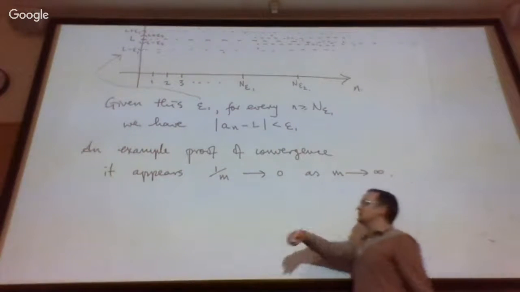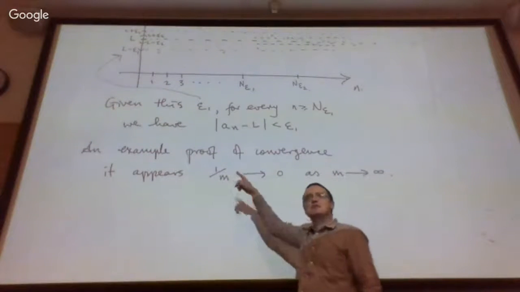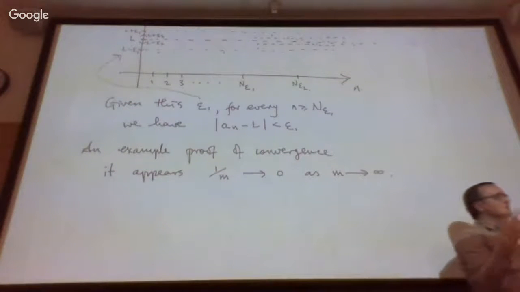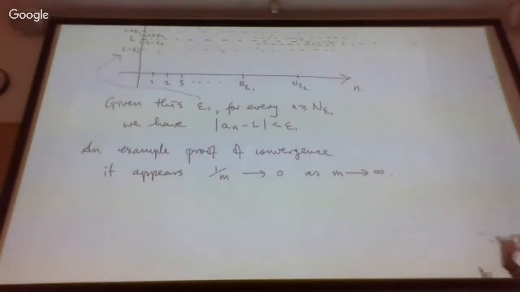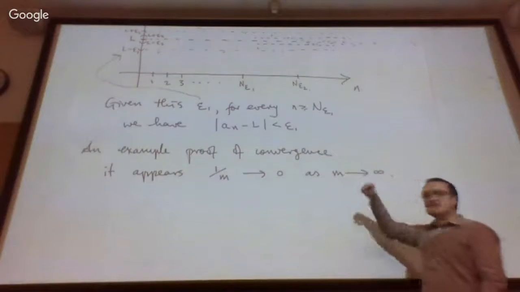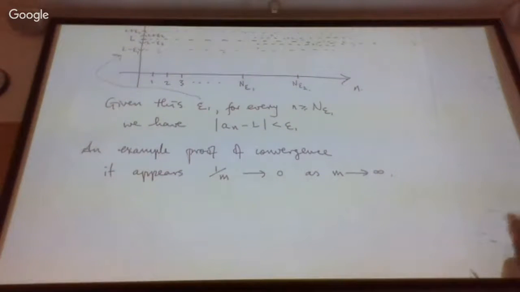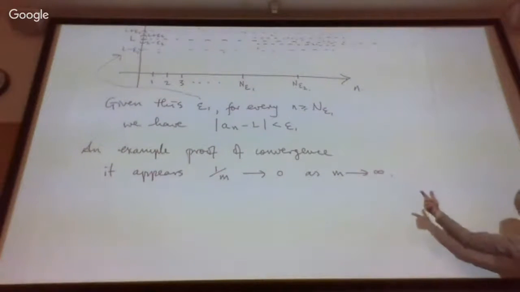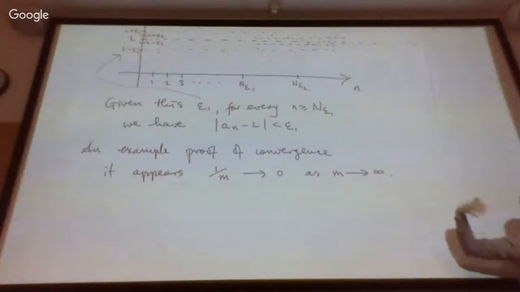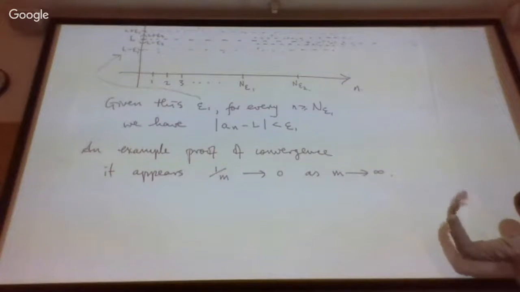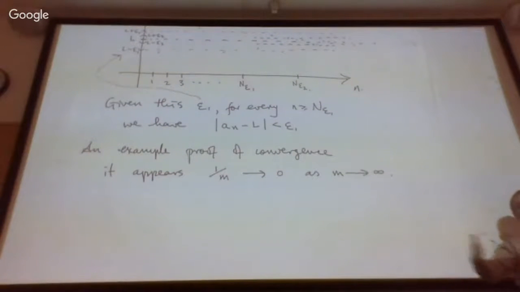Now I'm intentionally switching my index variable to m just to keep you on your toes. It's not just some sadistic wish of mine, but when you look in the text, people don't always use n for the index. N and m are common values to use. Sometimes i and j are common values to use. Sometimes when you're considering a bunch of different sequences together and you're trying to deal with them in the one argument, you have to use different symbols for the indices.